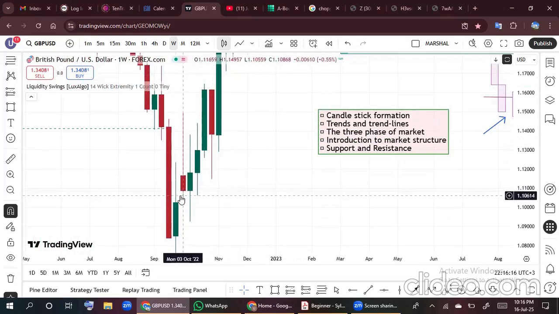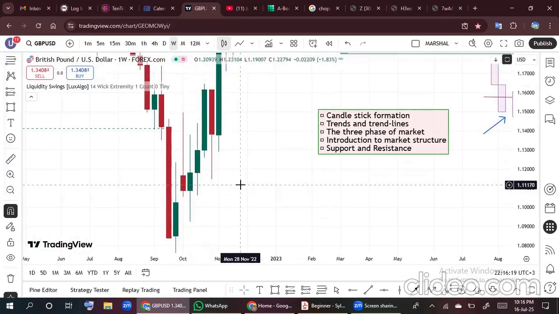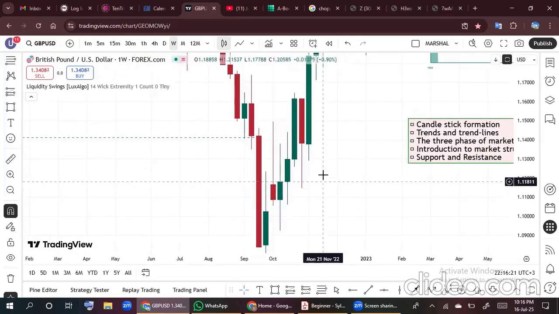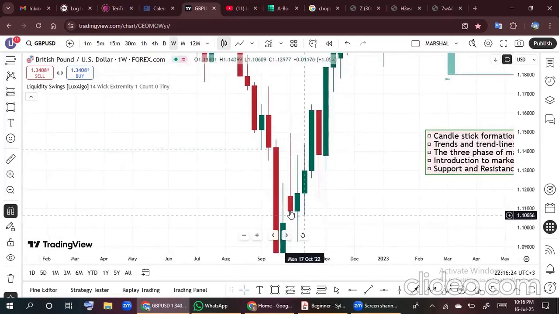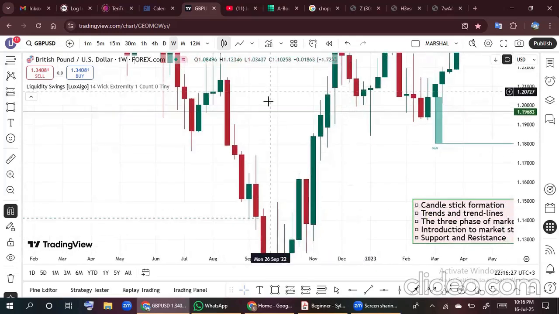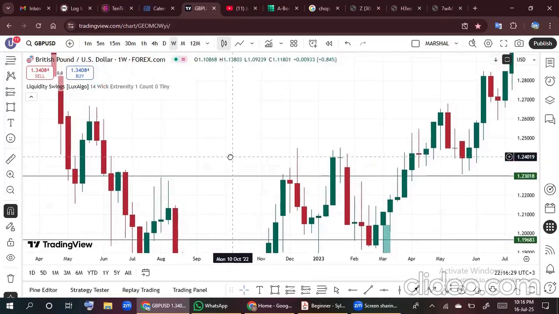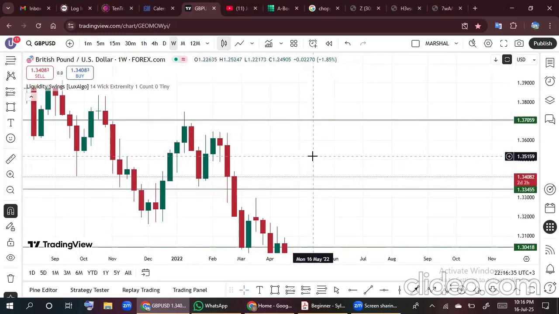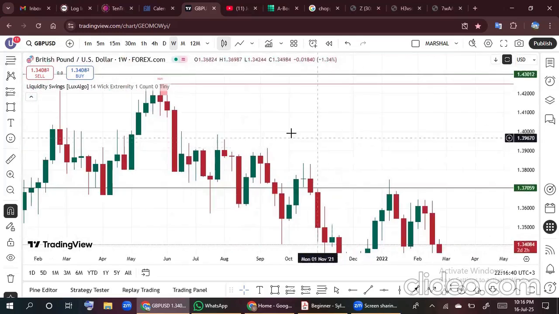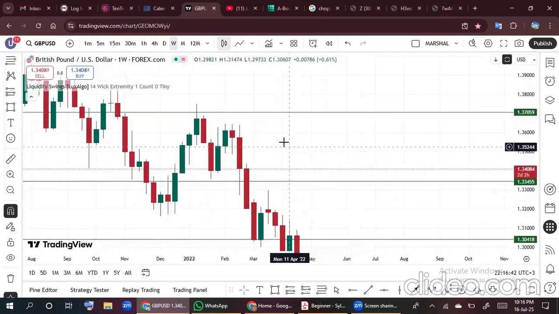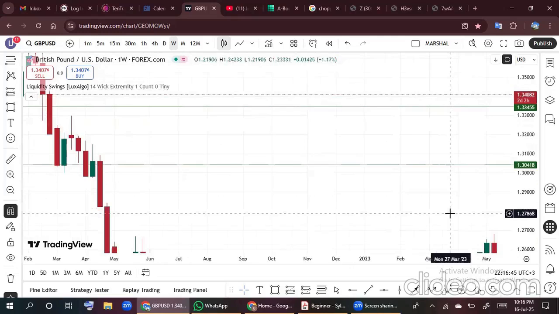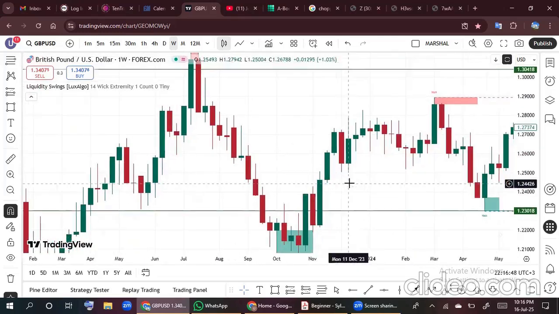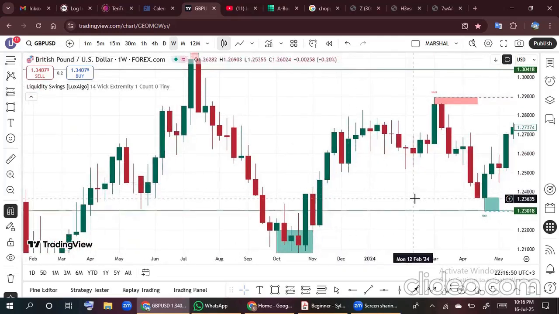This is a gap here, but it doesn't really describe what I'm talking about. But most times when you see gaps, not all the time anyways, it just tells you the pressure and volume that is in the market, high volatility. So you see the market skipping like ram. There's high volume of volatility in the market at that time.